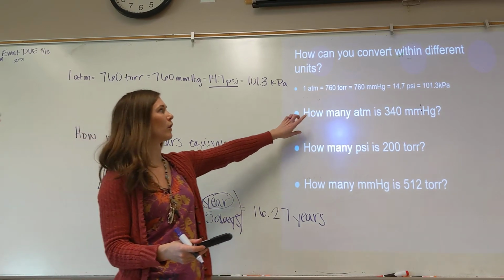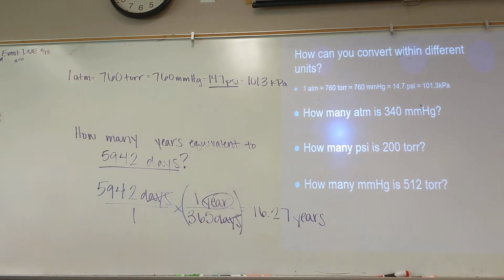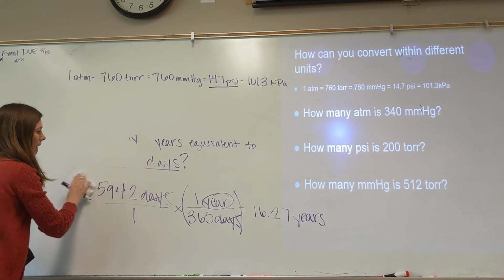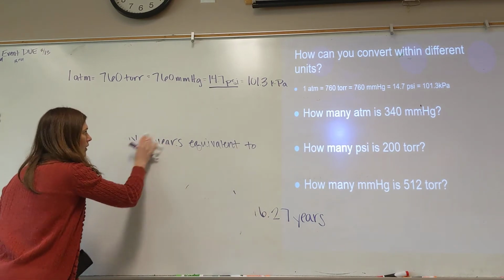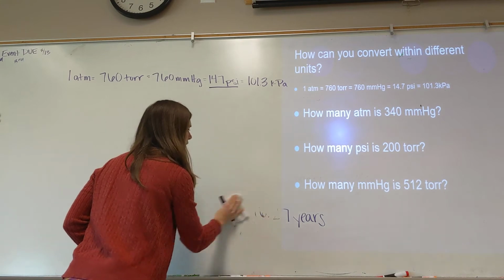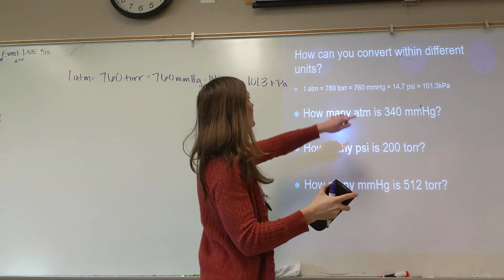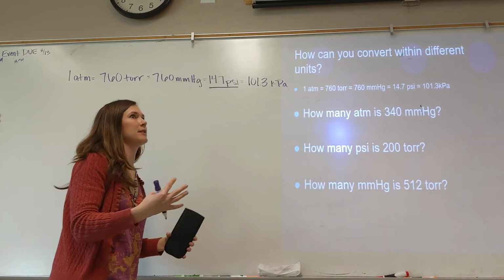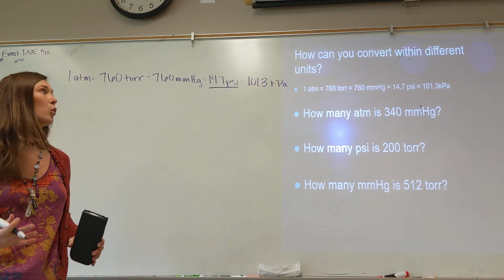Alright, so hopefully you remember how to do that. So now I'm going to move on to my pressure conversions. Where these are saying that they are equivalent to each other, that's the same as saying that 365 days are equal to 1 year.